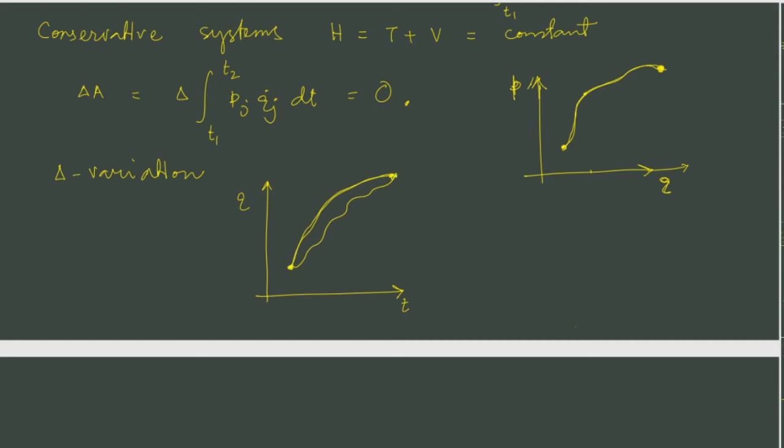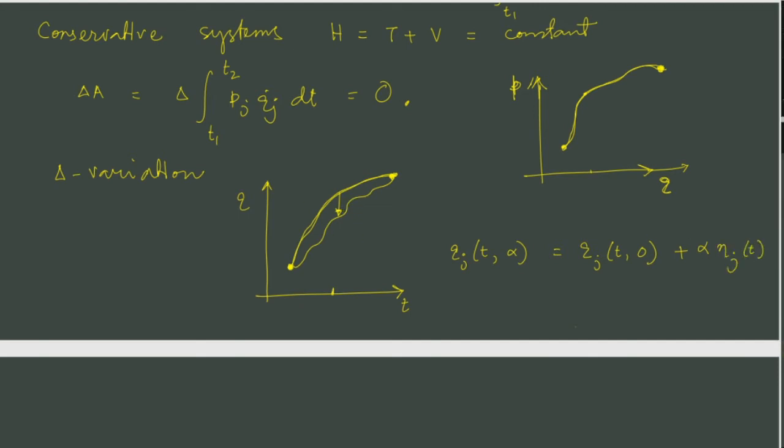The variation vanishes at the end points, but otherwise at every instant t there is a difference from the true path. We defined it parametrically, for the j-th generalized coordinate, as a function of t and alpha, where this is the true path q_j(t, 0) plus alpha times the variation.